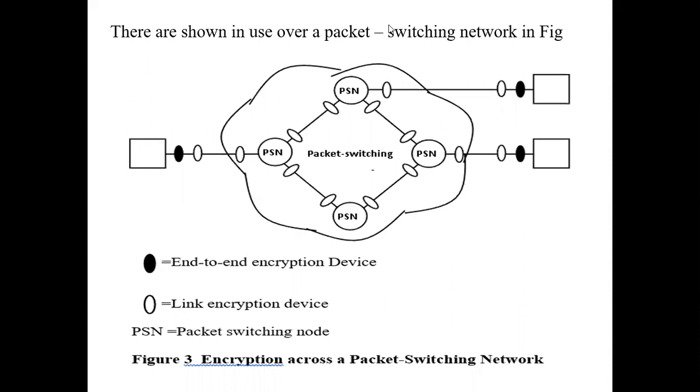When data approaches the PSN, packet switch node, it has to perform the decryption process to find out the packet header. After finding the packet header, the data is transferred to the next PSN, and there again the decryption process has to be performed.